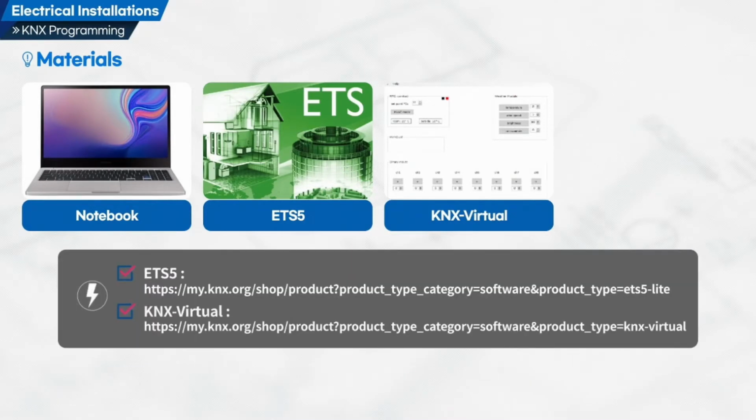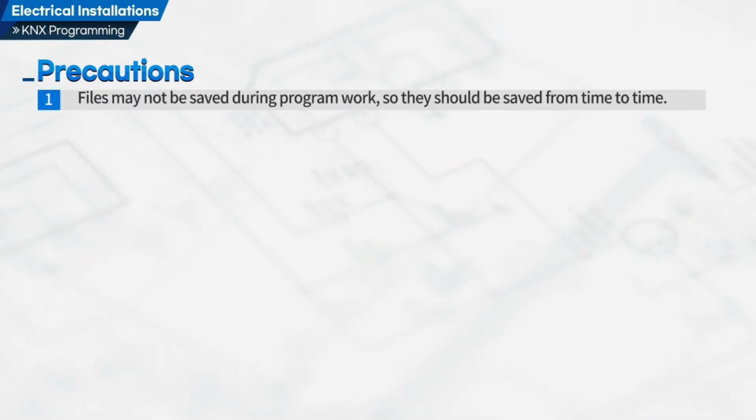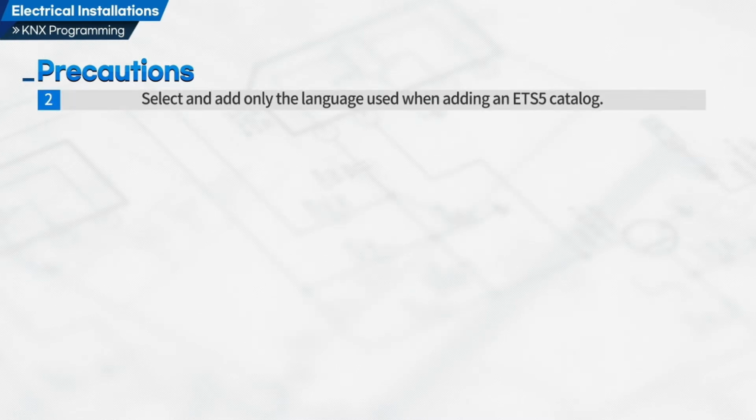Prepare a laptop with a LAN port configured. Download and install the ETS5 software. Let us have a look at the precautions to perform the task in this training. Files may not be saved during program work, so they should be saved from time to time. Select and add only the language used when adding an ETS5 catalog.